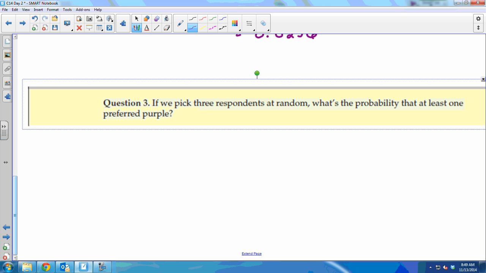If we pick 3 respondents at random, what's the probability that at least one preferred purple? So again, if you have at least one preferred purple, that means you'd have to do the probability of 1 picking purple, 2 picking purple, and 3 picking purple. Or you could just do 1 minus the probability that none picked purple.